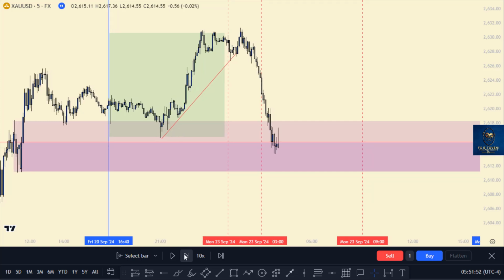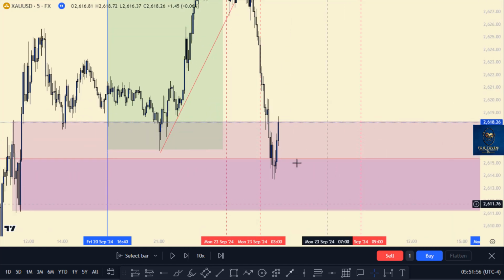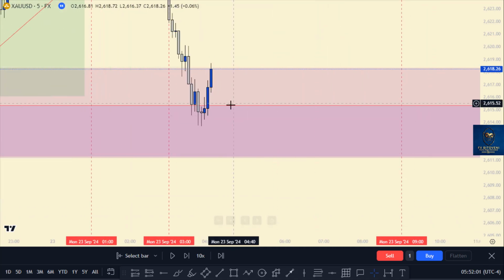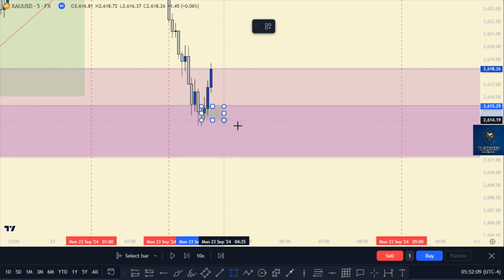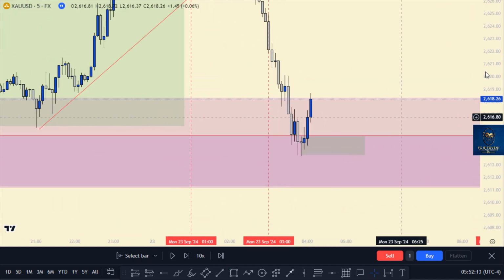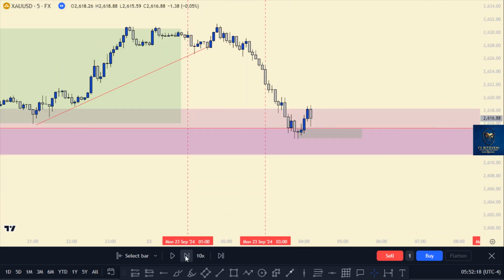Price still moving. Now you've got an engulfing candle on the 5 minute. This is your engulfing candle on the 5 minute. Price comes back to it.